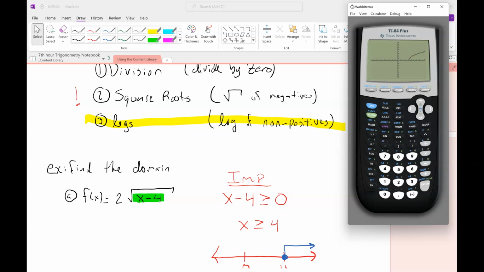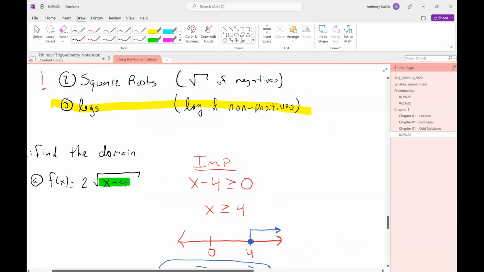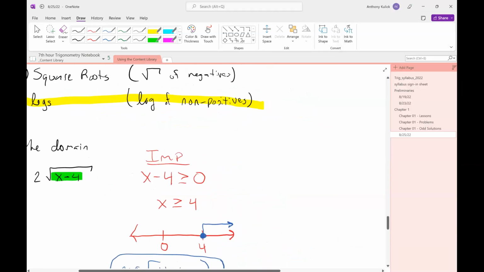So it would be positive infinity. Everybody's okay with that?